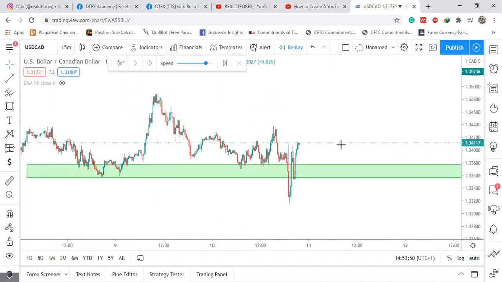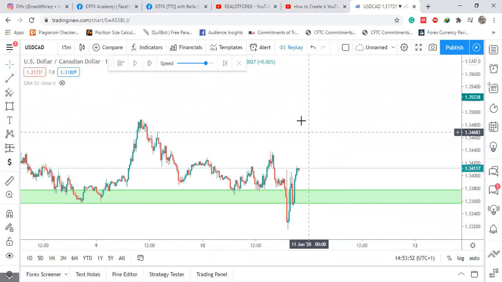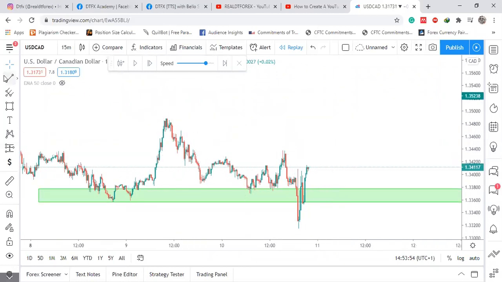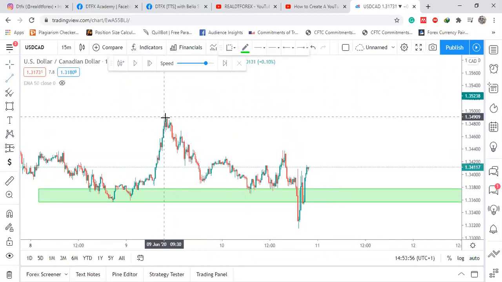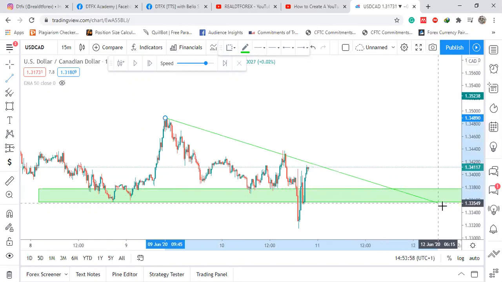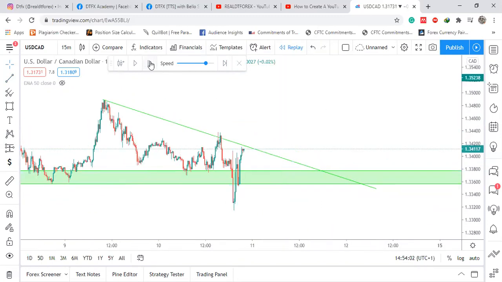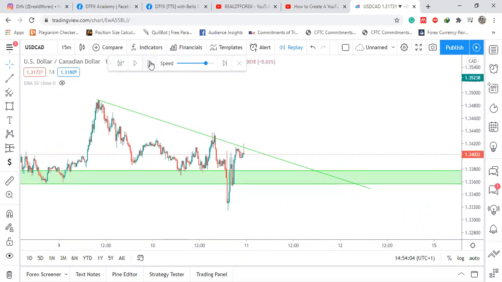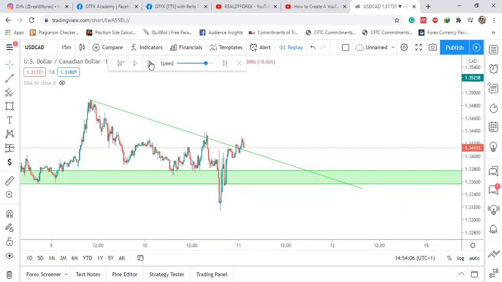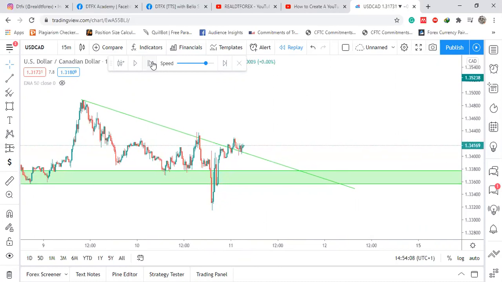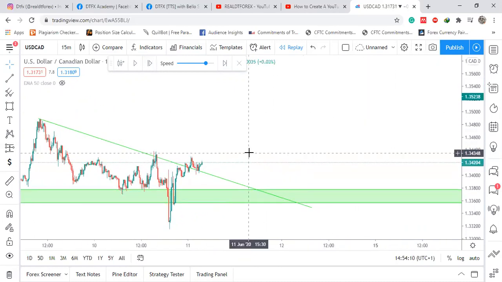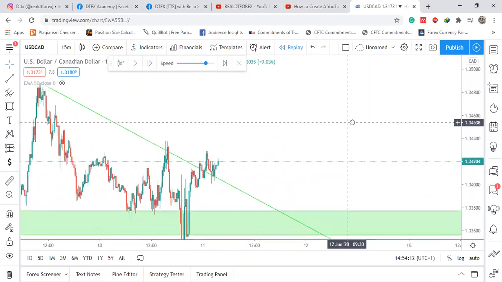Now, please bear this in mind. Make sure your trend line is very, very clean, in an area that is very, very clean. Now, if I place my trend line this way, all I'll be waiting for is for this market to break out of that trend line. Yes, the market broke out of this trend line, but I'm not very satisfied with this formation.